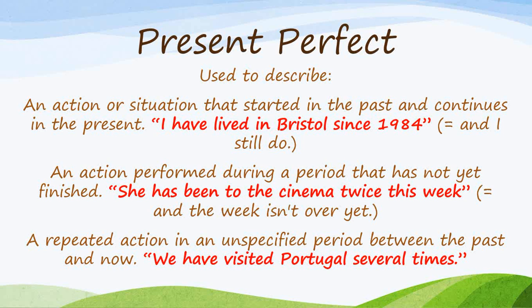This tense is used to describe a repeated action in an unspecified period between the past and now. We have visited Portugal several times. We are saying that we have visited Portugal on repeated occasions. It's an action that has been repeated in the past.